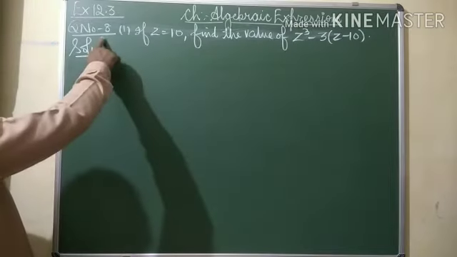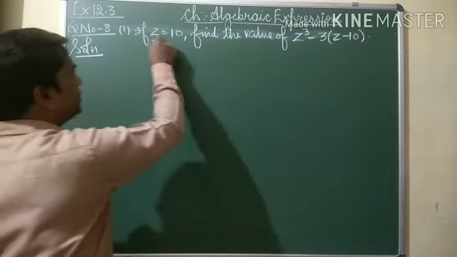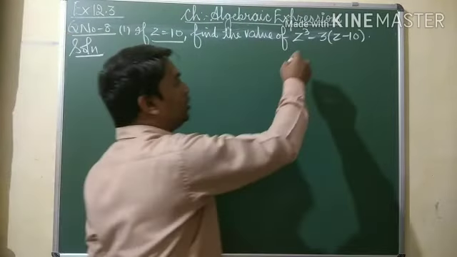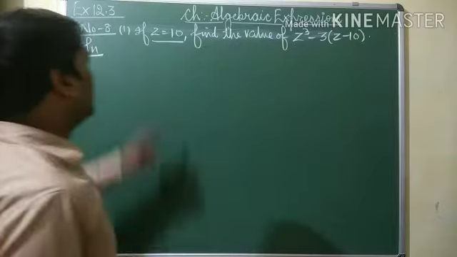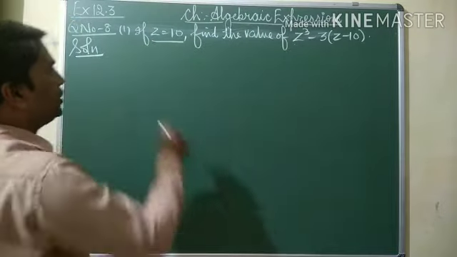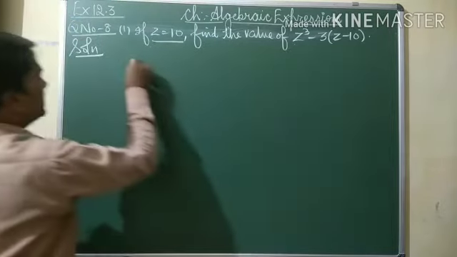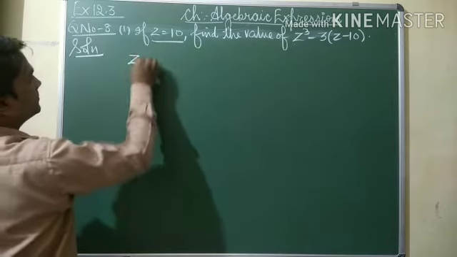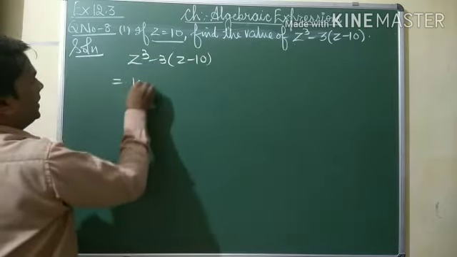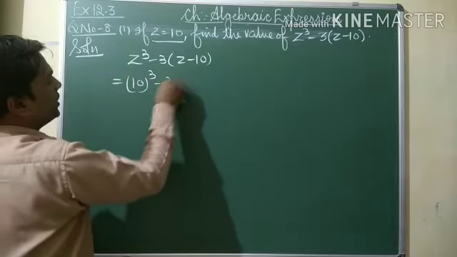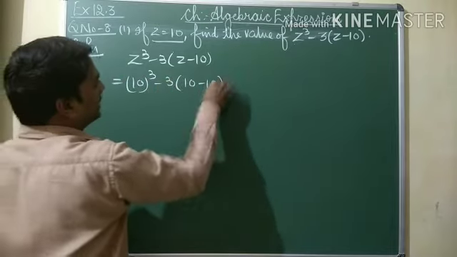Next is question number 8, first part. If z is equal to 10, find the value of z cube minus 3 into z minus 10. Now, putting the value of z is equal to 10 in the given algebraic expression, we get 10 cube minus 3 into 10 minus 10.